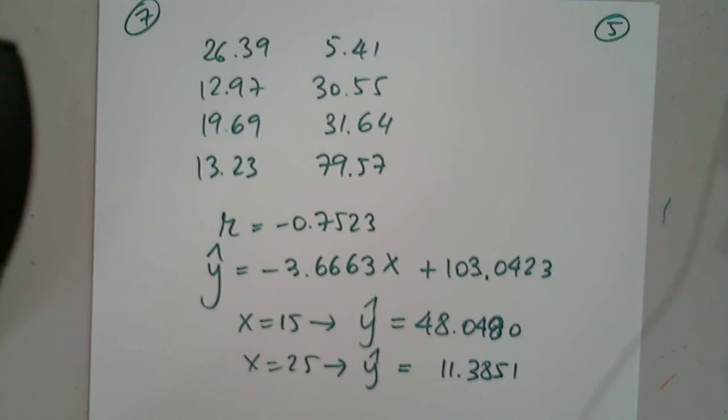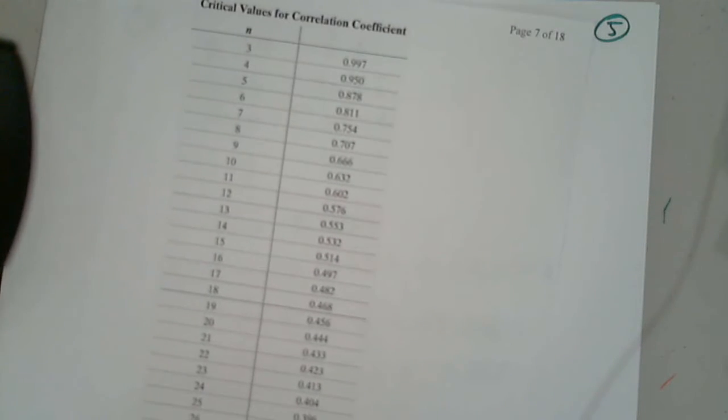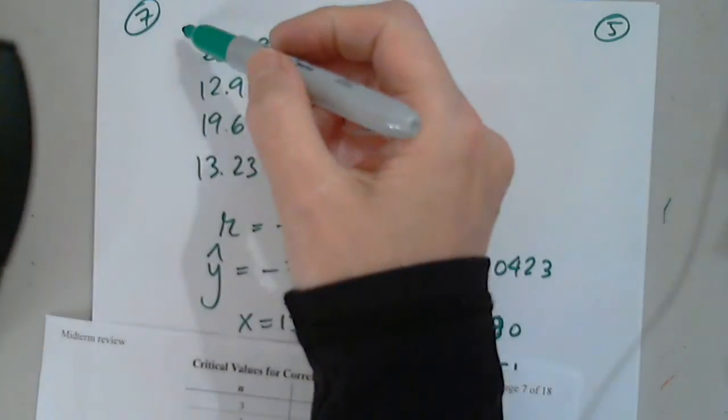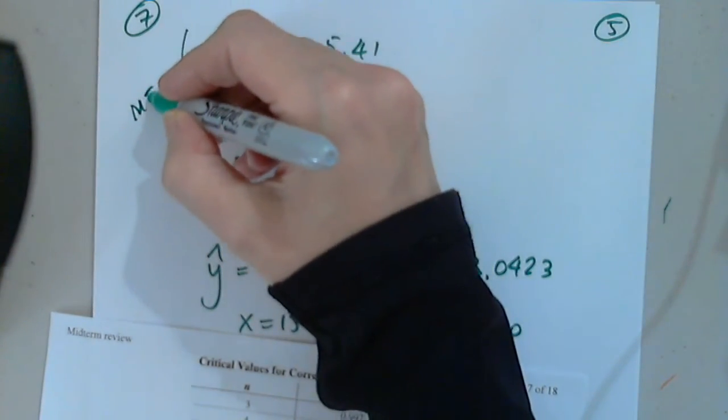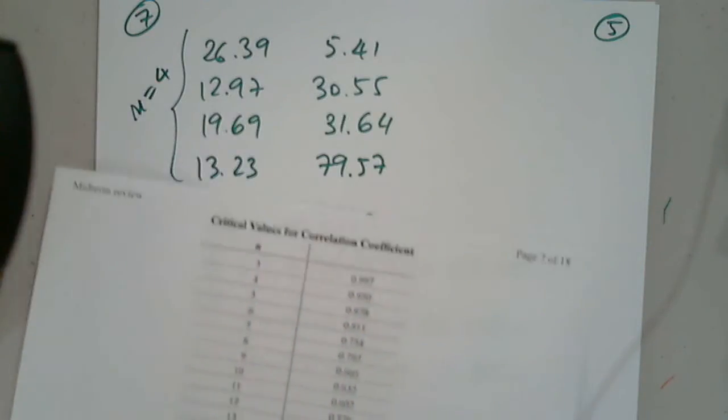So now we have to look at this table in case we're asked to do that. I only have a sample size of n equals 4 ordered pairs.